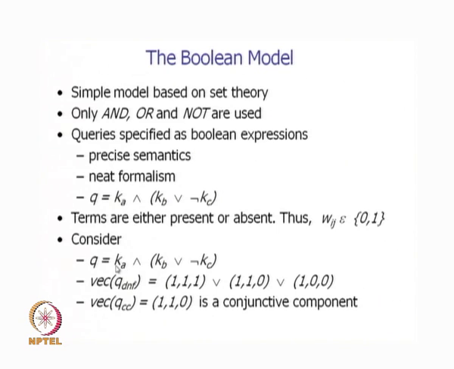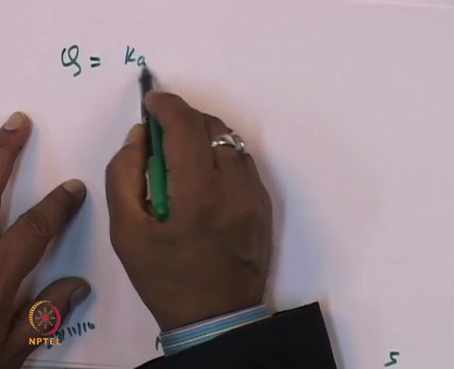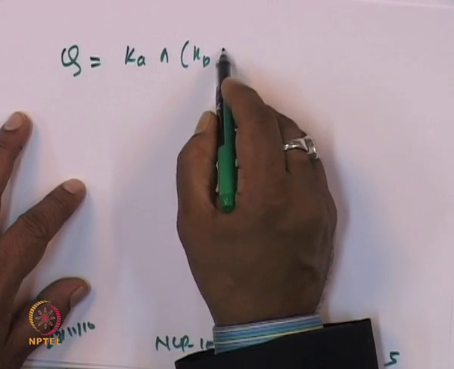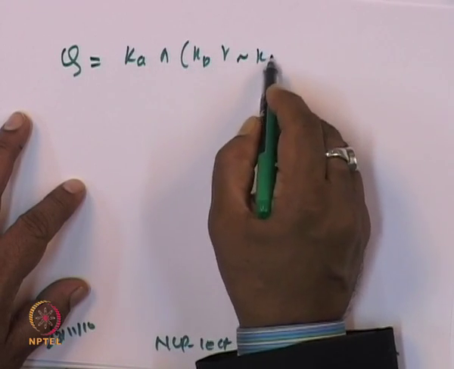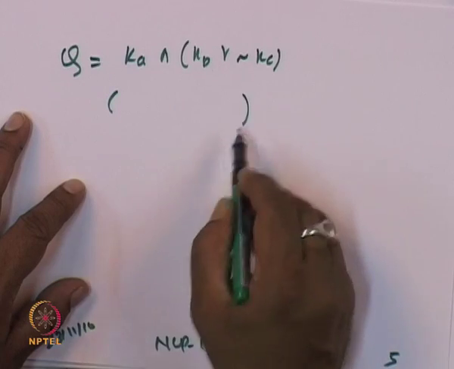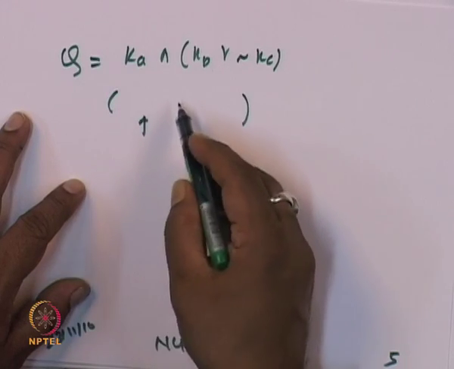So, one could expand this query and put it in a disjunctive form. So, this would be k A and k B or k A and not k C. So, we write it down to see how these vectors are produced. So, q is k A and k B or not k C. So, we have a tuple with 3 positions.